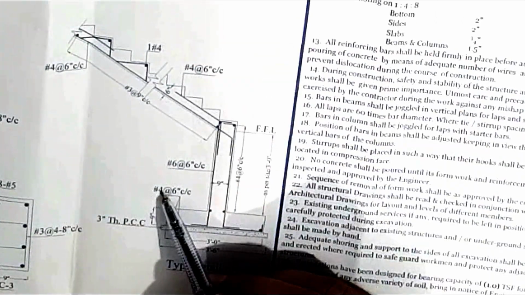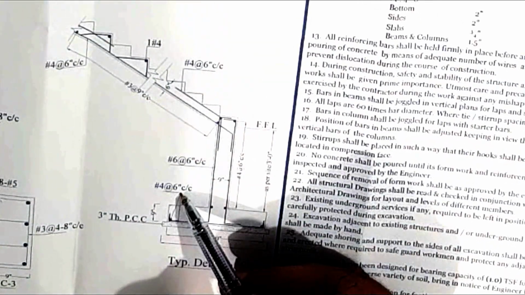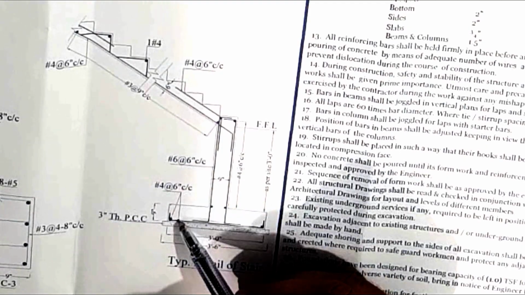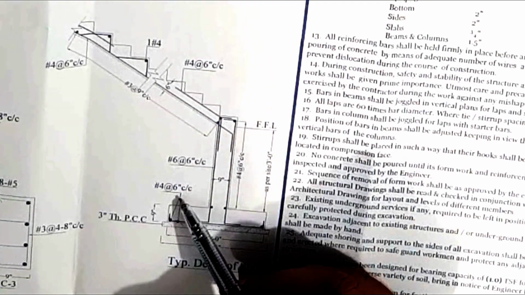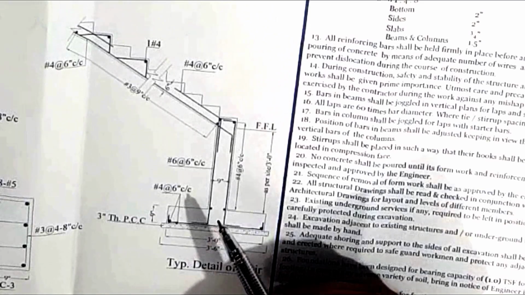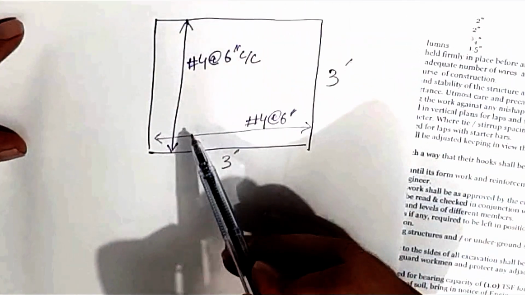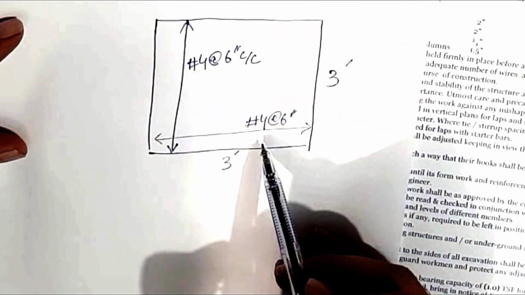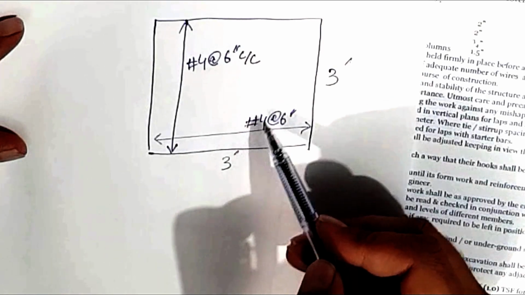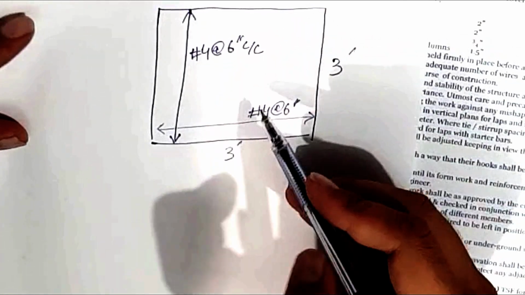So this number 4, you can see that arrow has touched this dotted line, also this longer line. So this means that in both directions, as I have shown it to you in this plan, the bar is number 4 at 6 inches center to center.